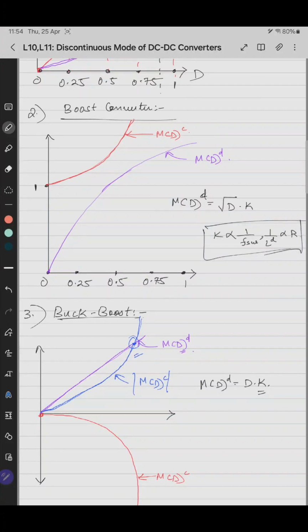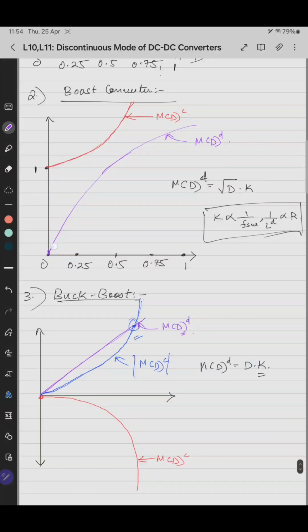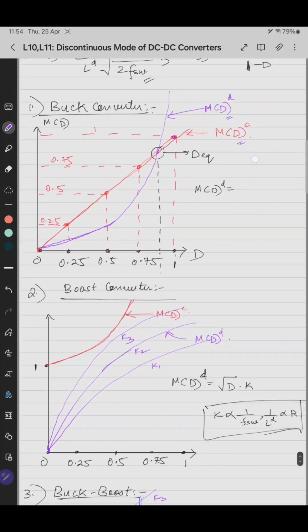So we can get different waveforms of M of D like this for different operating conditions. This is at K1, this is K2, this is K3. Similarly, we can get different slopes at different K1, K2, K3, and similarly for this converter.